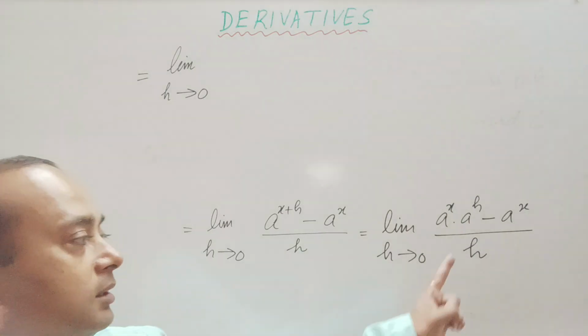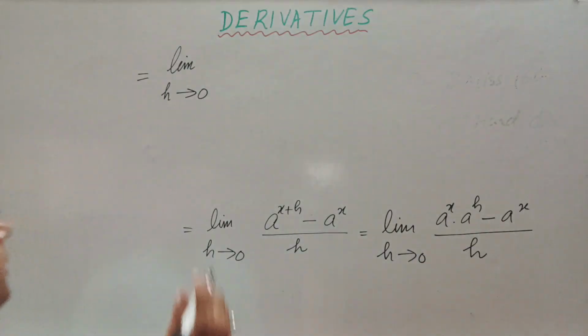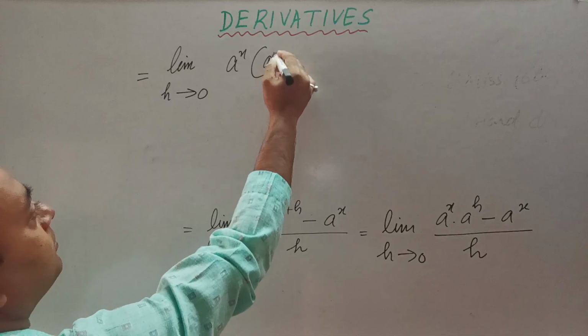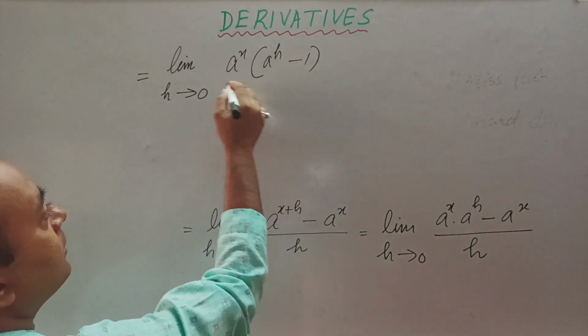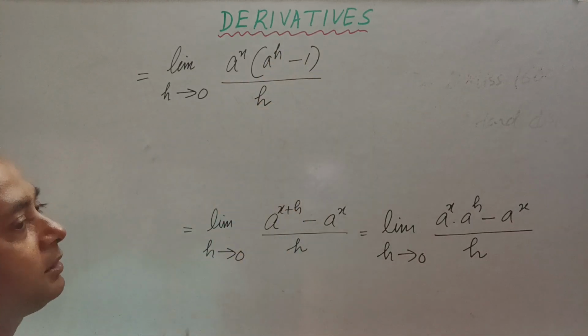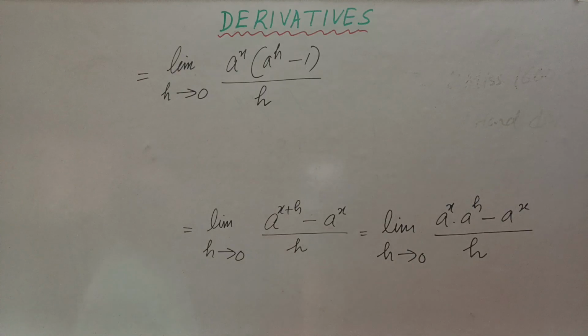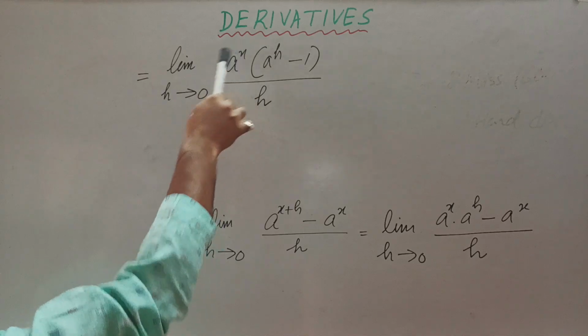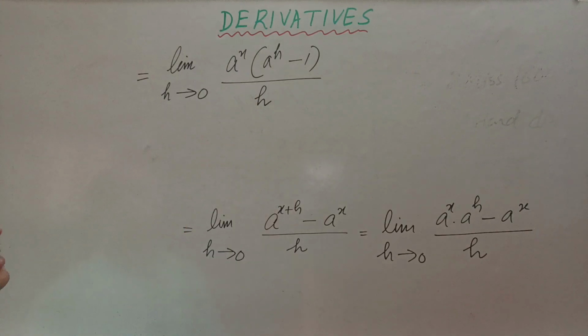Next, we see that a to the power x can be taken common in the numerator and the remaining part is a to the power h minus 1 divided by h. Okay, and as limit h is tending to 0, this a to the power x will be acting as a constant here.